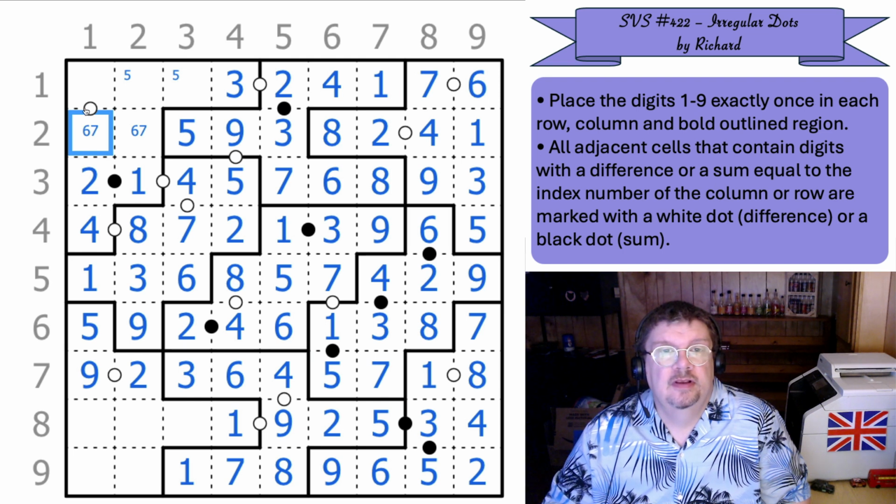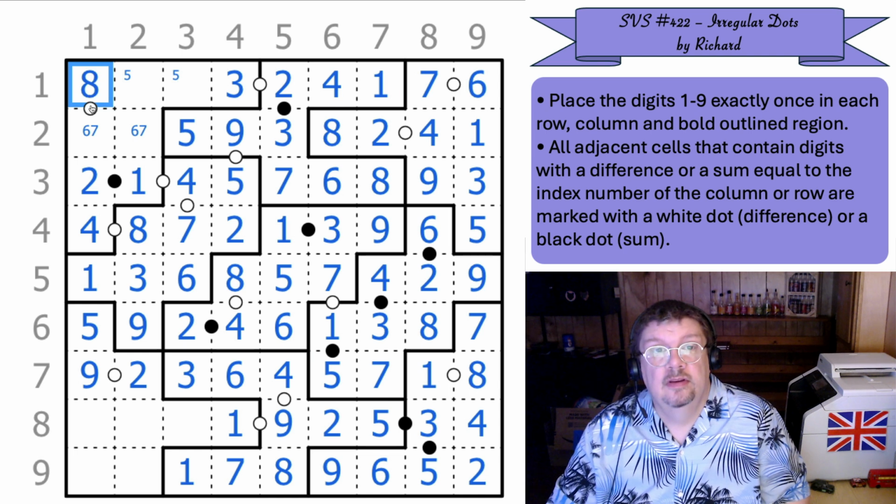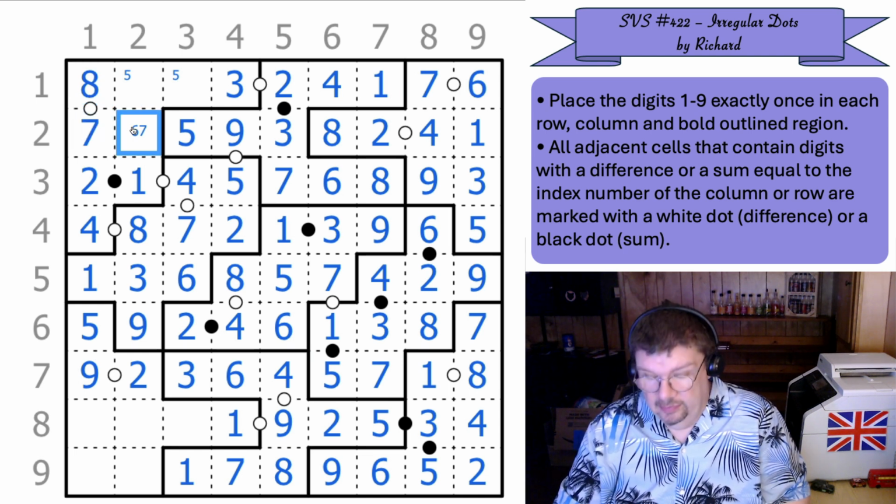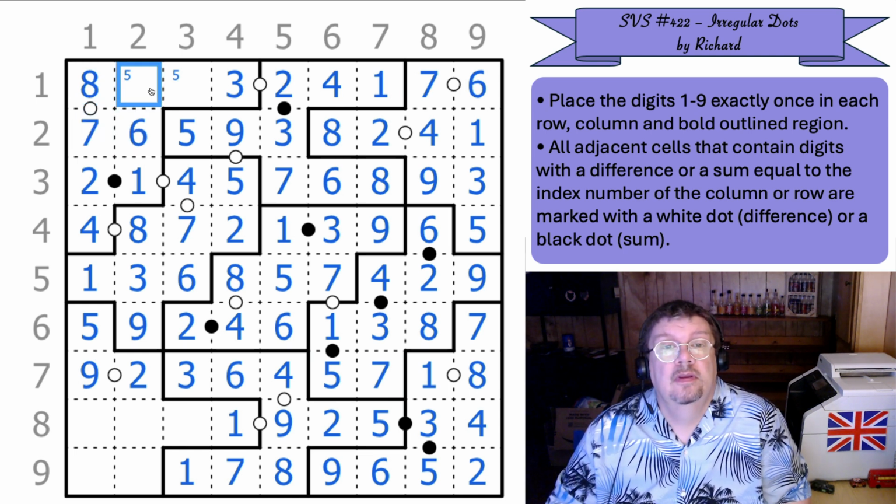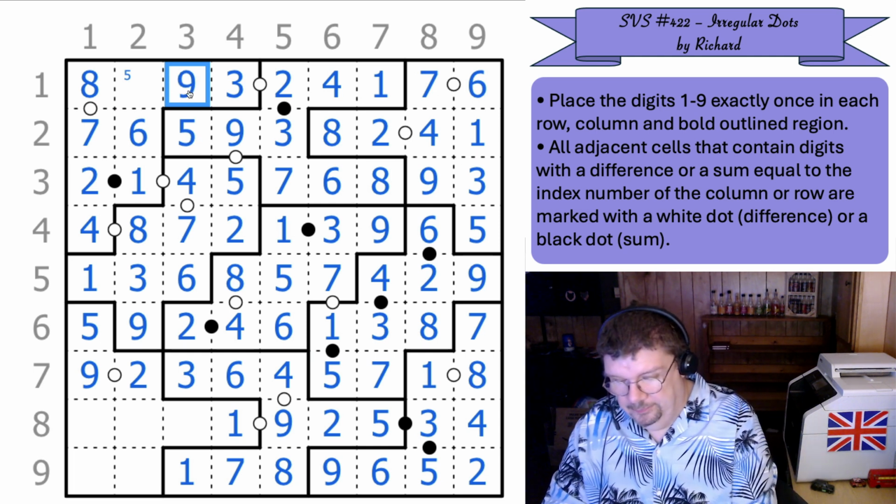If this is 6, it must be 5 because it couldn't be 7, and if it's 7, this must be 8. But this can't be 5, so that must be 8, 7, and 6. These two digits are 5 and 9, and we know the order.